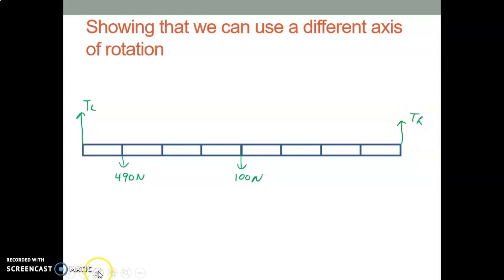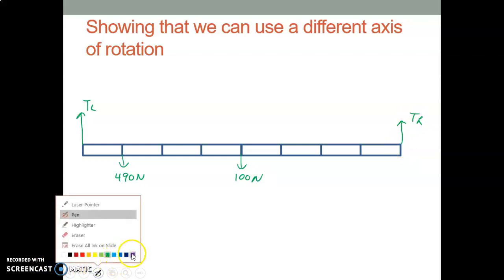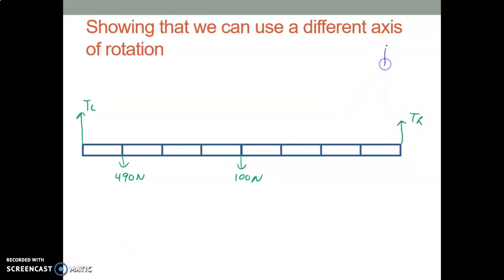And now we're going to use a different axis of rotation. So we're still going to use up as positive y and to the right is positive x, not that we have anything in the x. And we're still going to use clockwise for our positive torque. But now let's go with the right end as our axis of rotation.